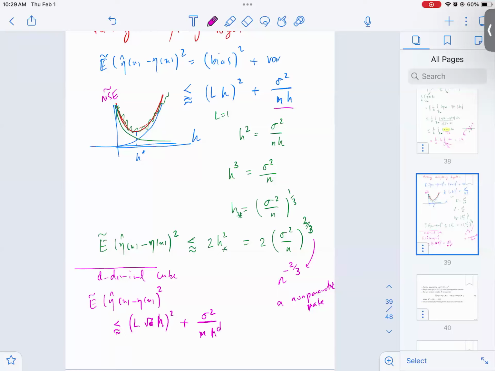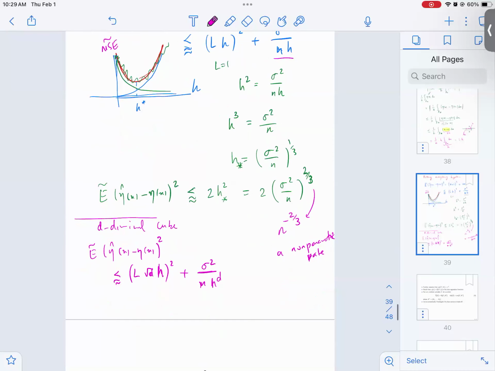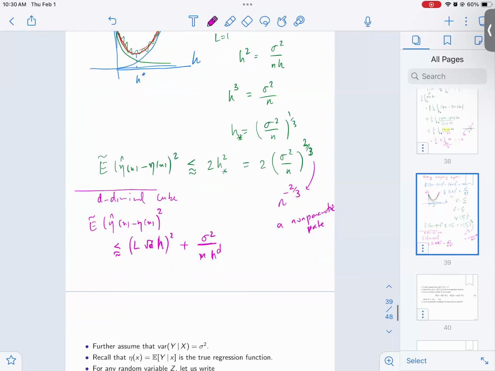Imagine n times H with H equal to 0.1: 1 over 0.1 would be 10, so sigma squared over n times 10. But with sigma squared over n H to the D, and D equal to 10, with H equal to 0.1, I get sigma squared times 10 to the 10.